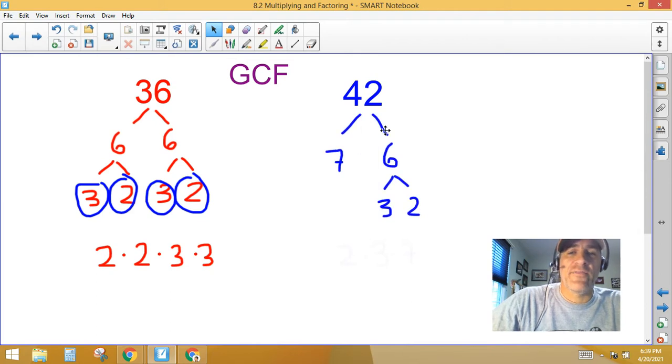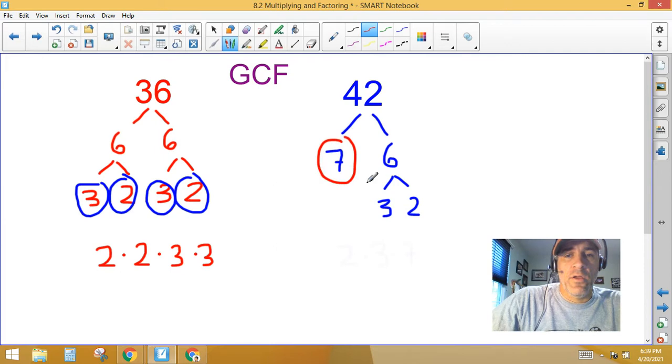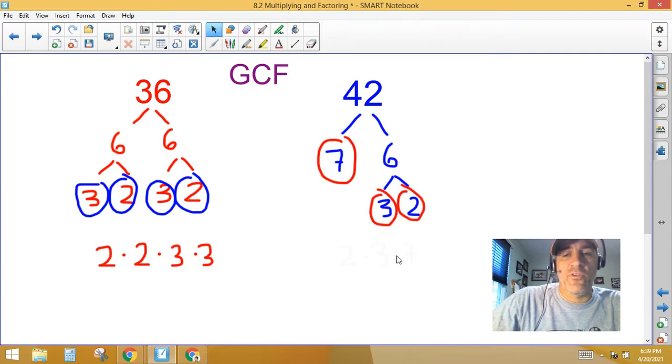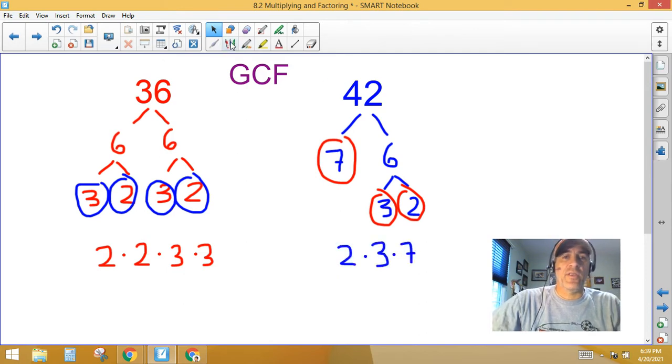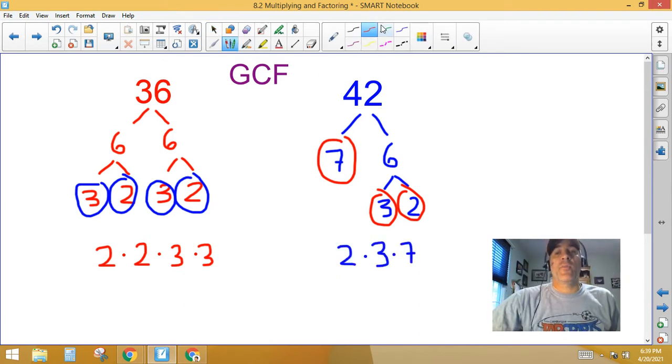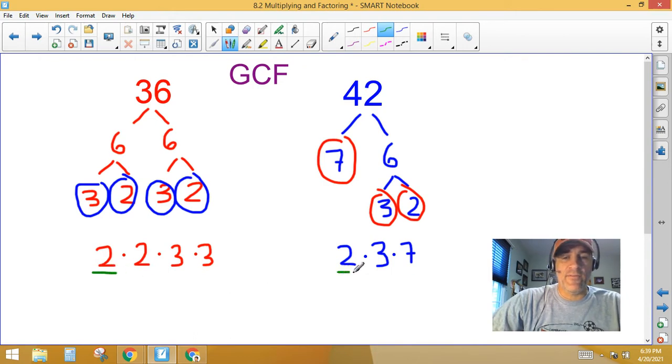If it breaks down to 7 and 6, then I can break 6 down into 2 and 3, and here are my prime numbers. So the prime factorization for 42 would be 2 times 3 times 7. And now the great thing about the greatest common factor is now I look, what do they have in common? They have a 2 in common. What else do they have in common? Another 2? Nope. A 3? Yeah, oh yeah, they both have it.